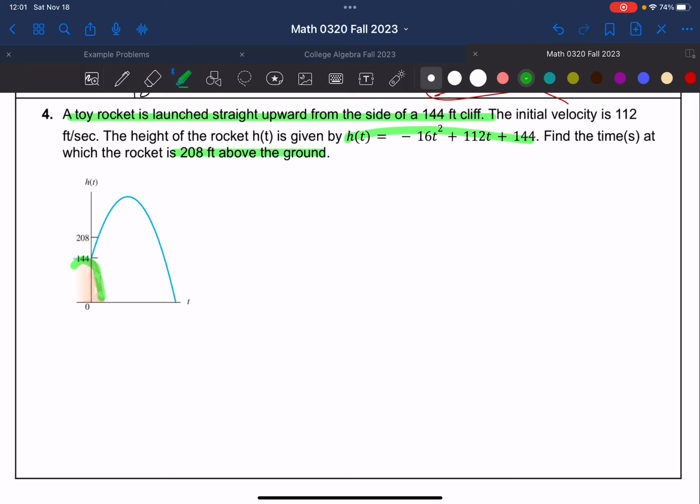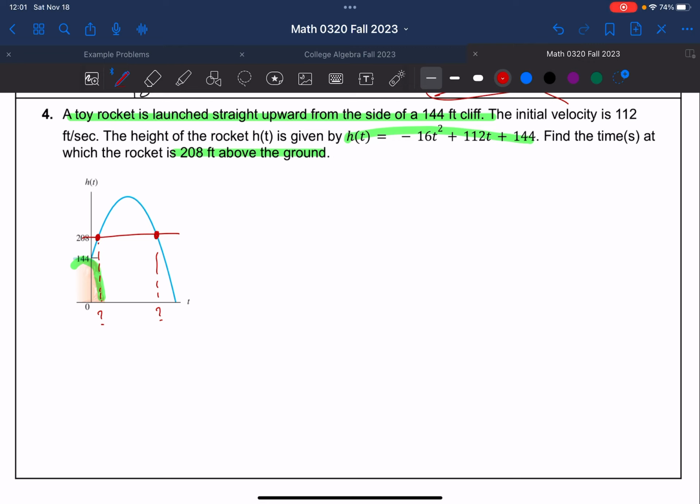So we need to find when it is 208 feet. So notice that crosses at 2 points. When it's getting launched up and then when it's getting launched down. We need to find those t values. So there's going to be 2 answers. Okay.